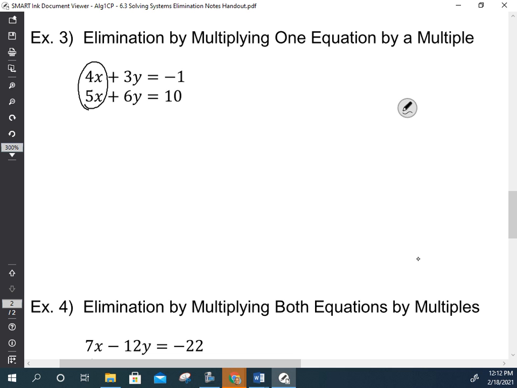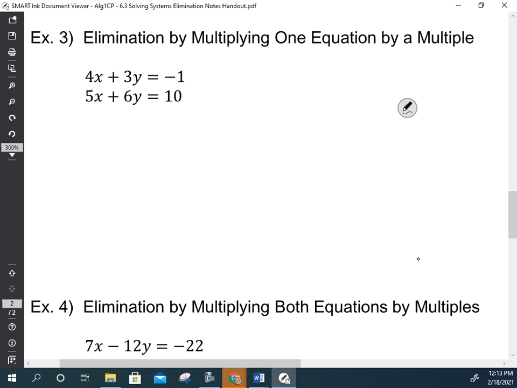So look at the x's. You have a 4 and you have a 5. Okay? Those aren't the same. Look at the y's. You have a 3, you have a 6. Those aren't the same either. So we don't have the same number. We don't have the same sign. When we don't have the same number, we don't have different signs.